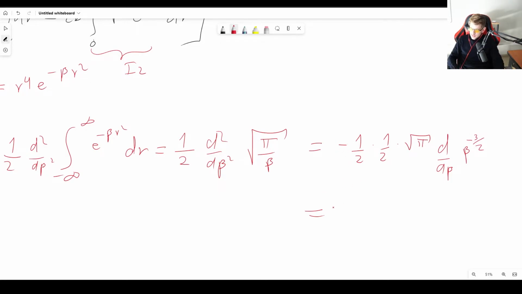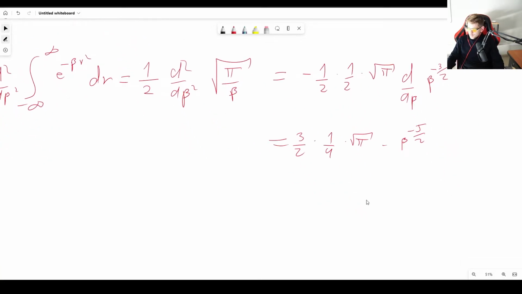So the minuses cancel out, and we get 3/2 times 1/4 times square root of pi times beta to the minus 5/2. So this is going to be 3/8 times square root of pi times 1/2b to the 5/2 power. So this is the result for I2.